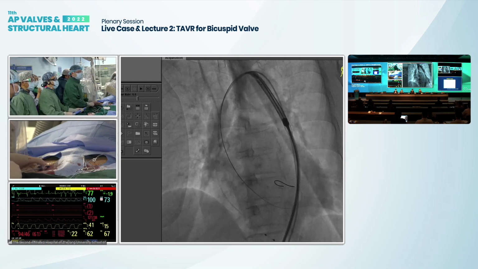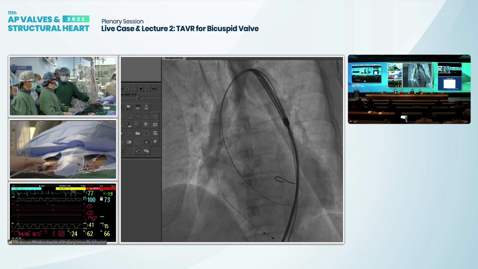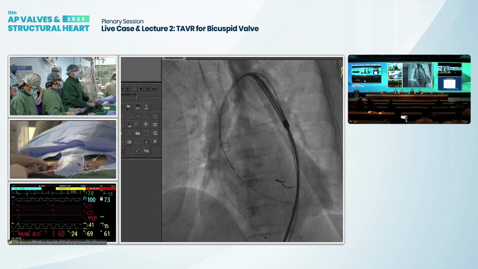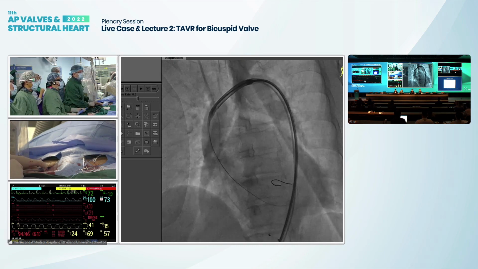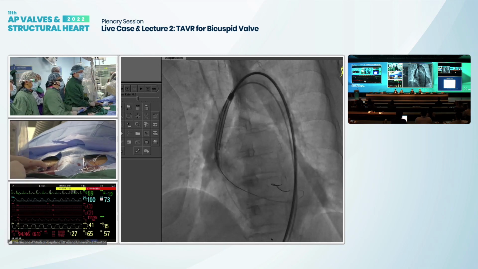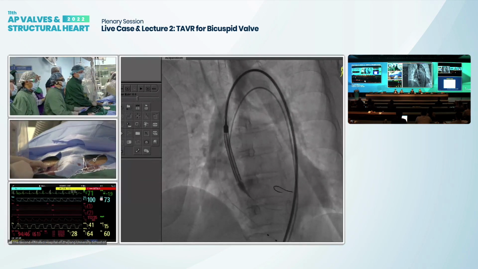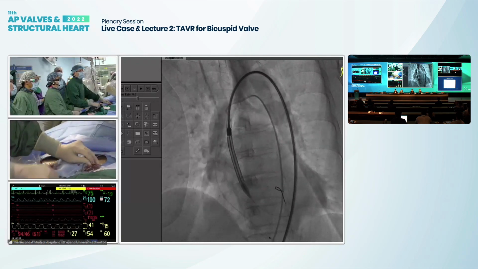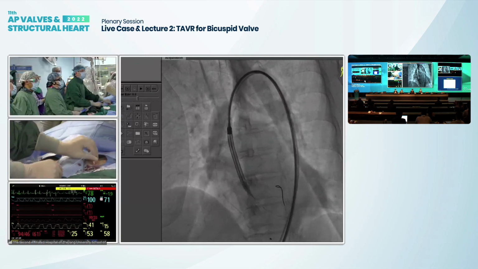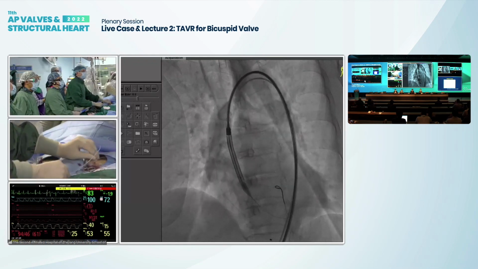Actually, in China, Longquest is the only commercially available wire. But you have to take care of the wire. Yeah, be extra careful. In our early practice, we had one or two cases where the wire caused perforation of the ventricle.